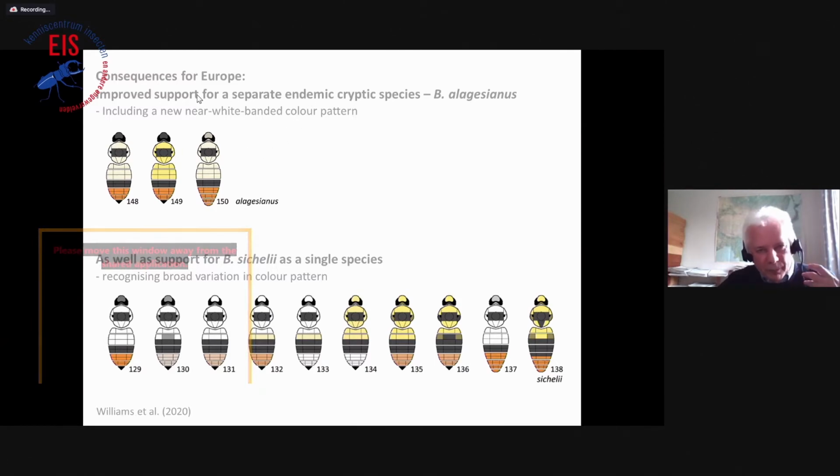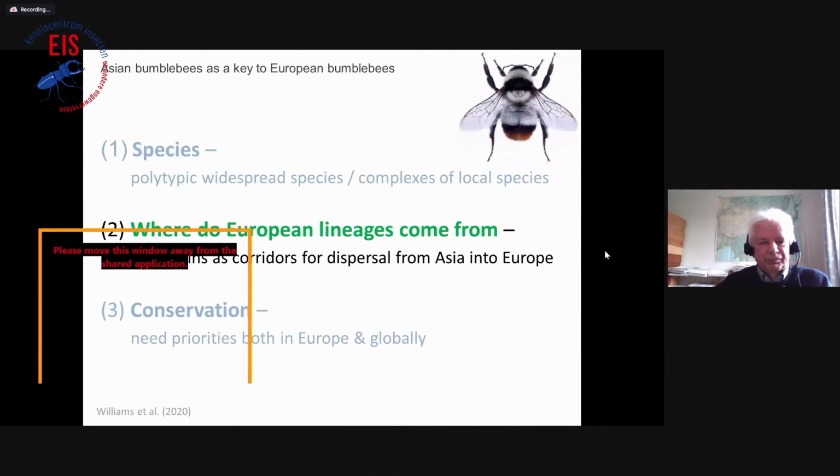So the support from this analysis shows that this is a genuine endemic. And secondly, we found a white banded color form of this that was not recognized before. So we know what the limits of the species are, and we know what the variation is much better. And going back to our example of Sicily, we now have much better evidence that all of these different color patterns are parts of one species.